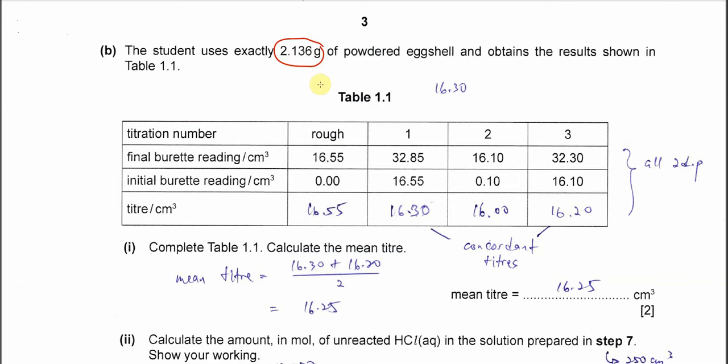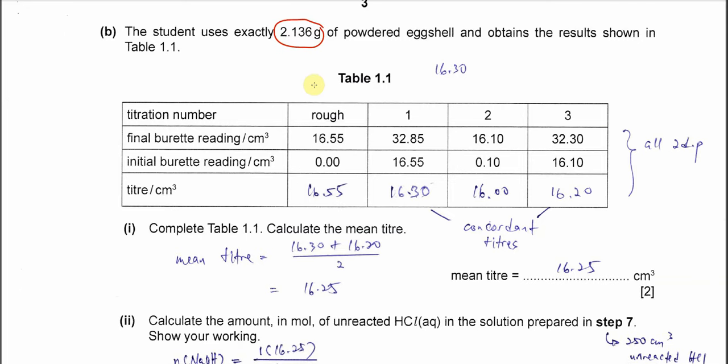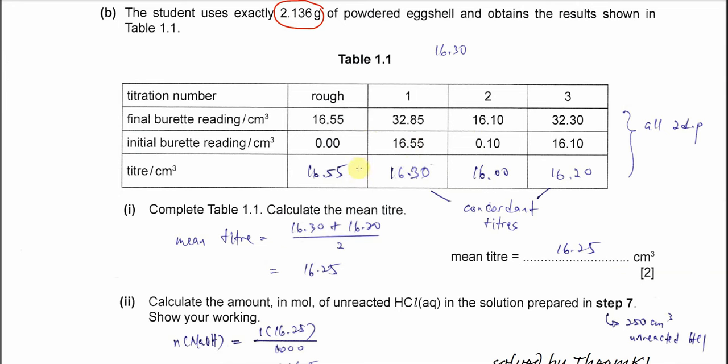After that, the titrations. This is Table 1.1, the volumes of the sodium hydroxide used. So 1 rough and 3 accurate. Just calculate, and you get this value, 16.55 for the rough.